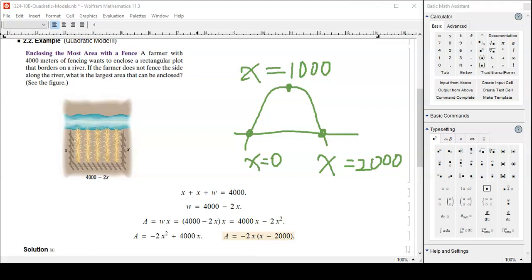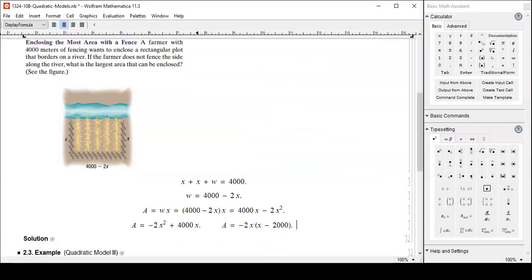Let's get out of the drawing mode. Another way to get the same thing is negative 2x minus, you're going to get something like this. And how did you know that this is 1000 squared here? The h value is 1000. Well, we just saw that, right? x equal to 0, x is 2000, and then the average is 1000.